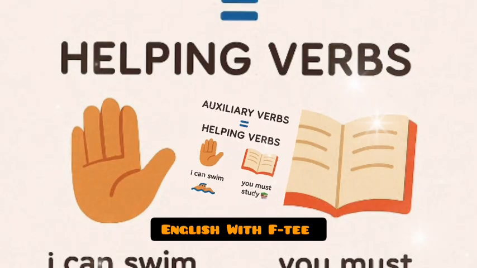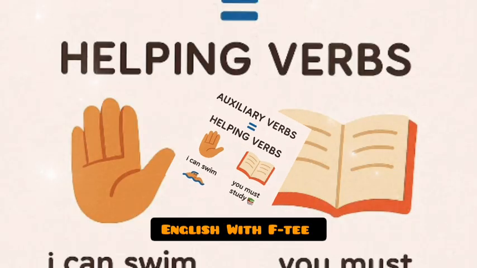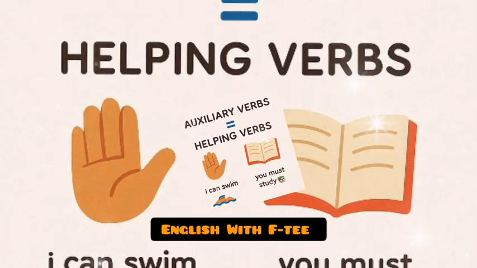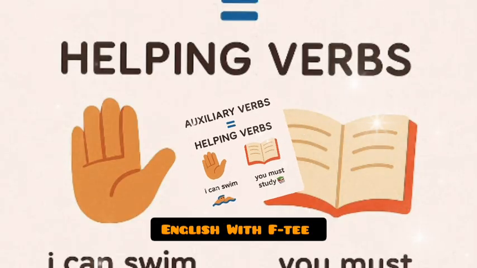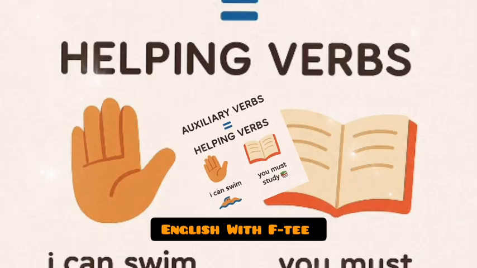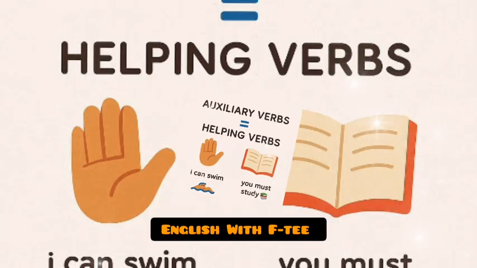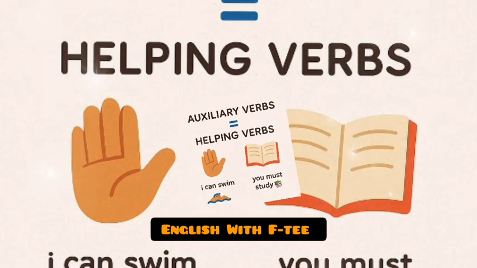What are auxiliary verbs? Auxiliary verbs are those verbs that are used with other verbs to express question, negative, and tenses. They are used to express possibility, willingness. These verbs are also called helping verbs.